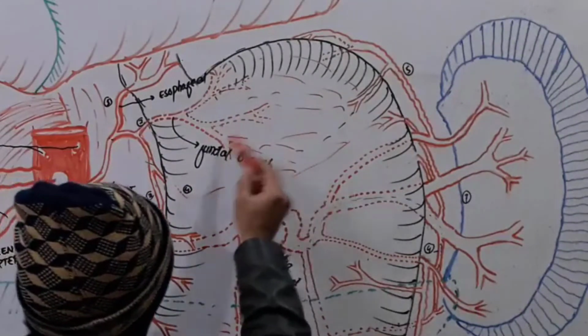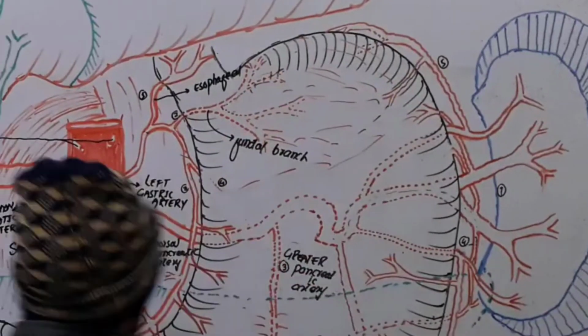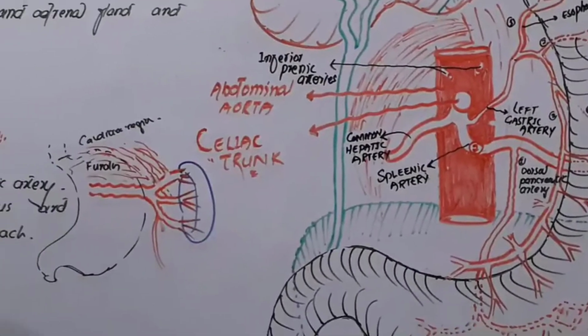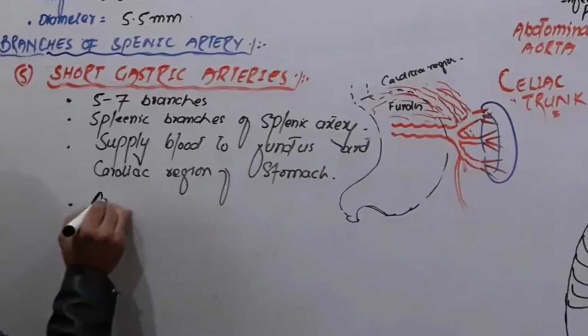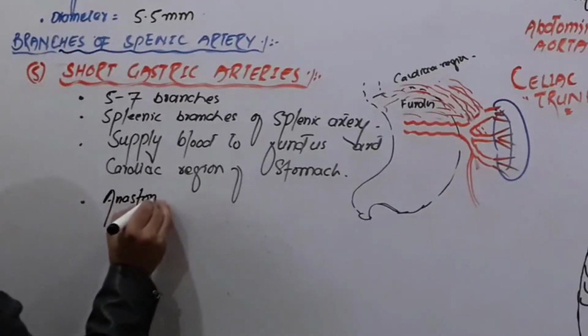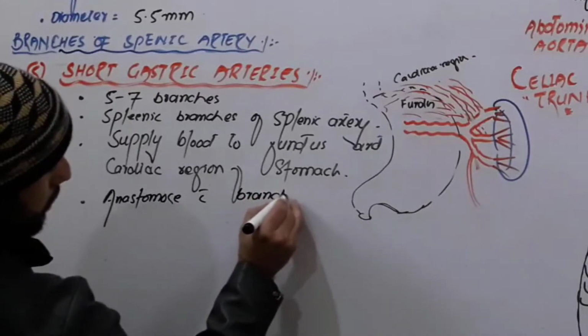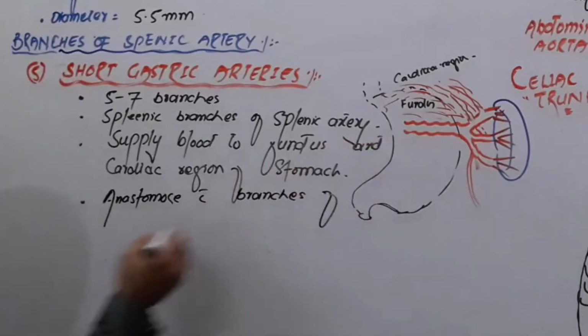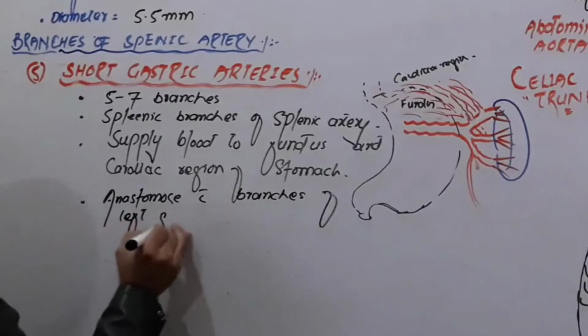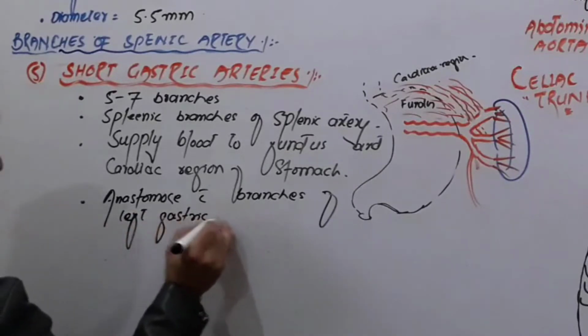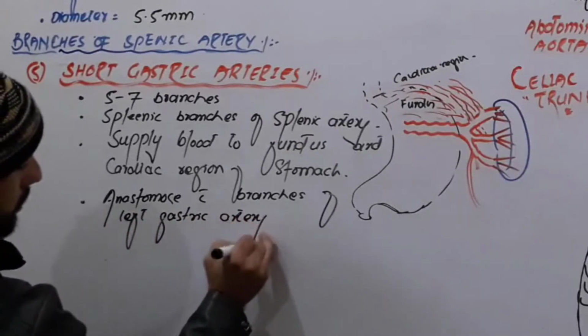You can watch them. So they make anastomosis here like this. Clear, friends? Okay, so they make anastomosis. They anastomose with branches of left gastric artery.